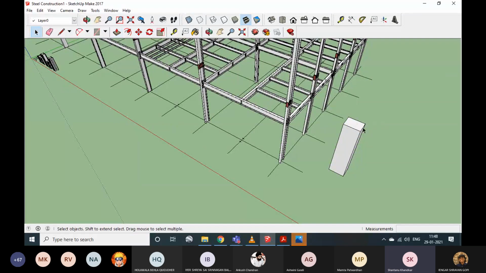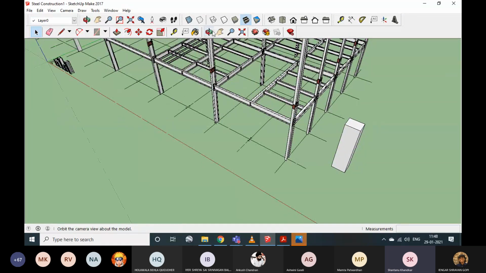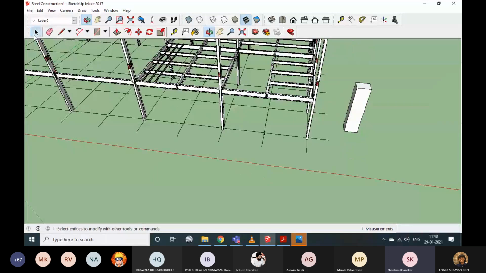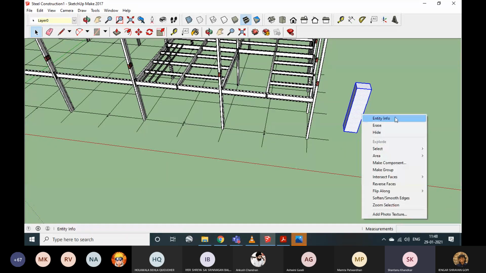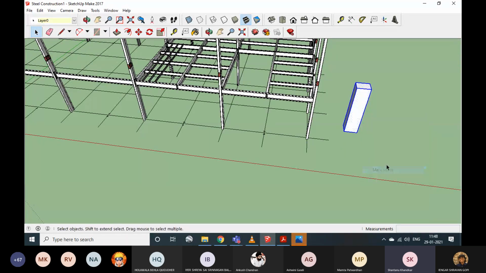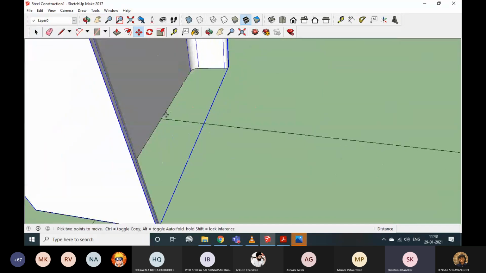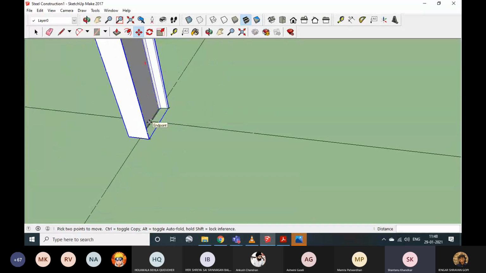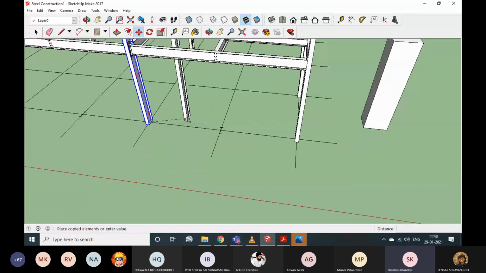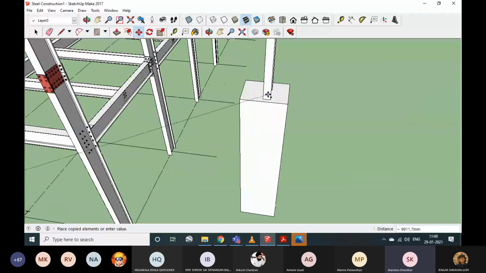So this is the one, and I want to place a steel column on top of the RCC column, maybe just like so.